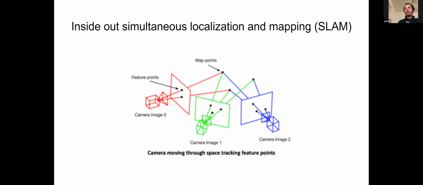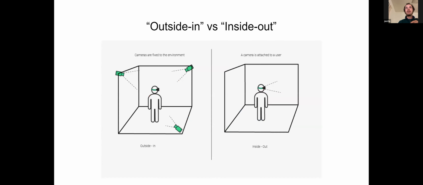So for instance, if I have four corners of a room and I put a sensor in each corner, there's usually some kind of calibration sequence in the outside-in approach. Those four things know where they are relative to one another. And then once I start tracking an object, I can very easily determine where it is.